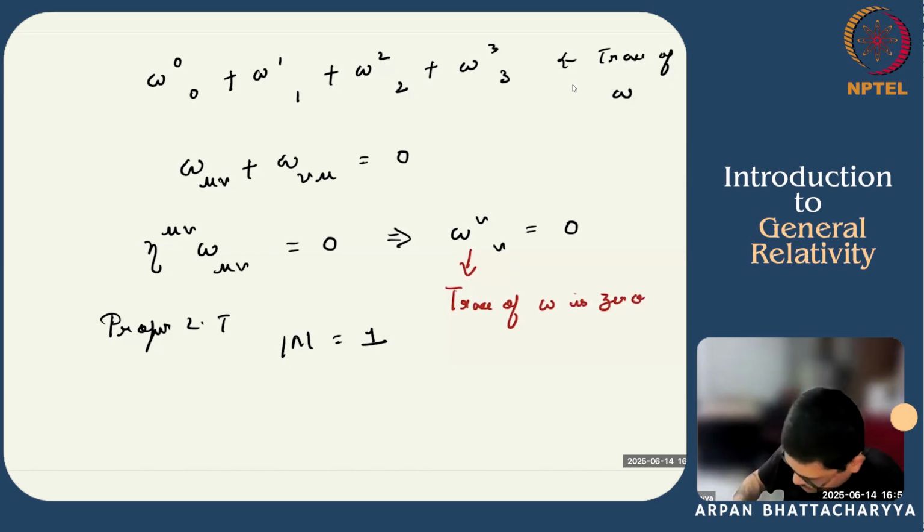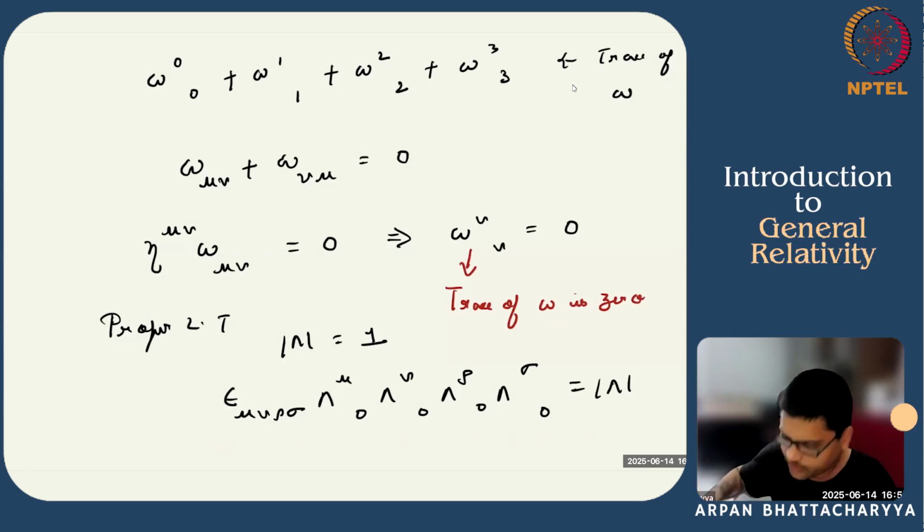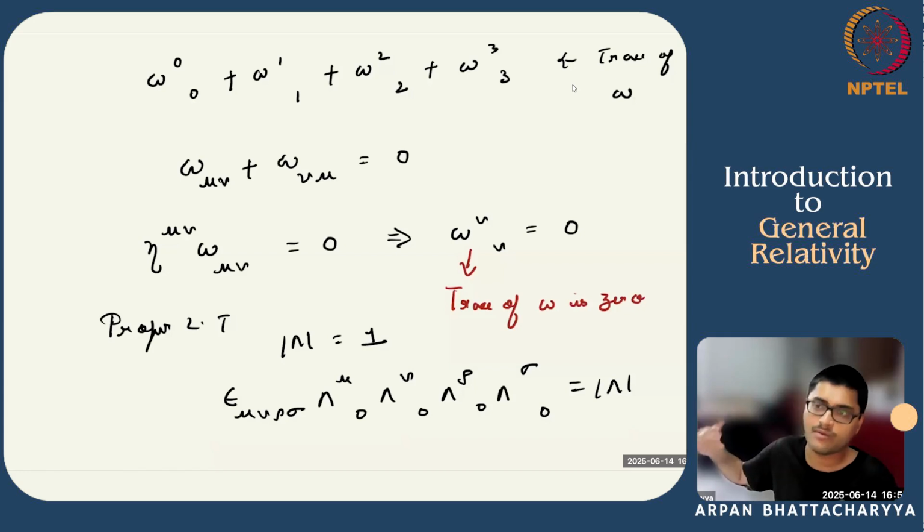So let's write it down. This is the definition of a determinant. This is just a generalization of what you have done for a Euclidean case. Now we are in Minkowski spacetime, so we have 4 indices, and the 0 component in the metric comes with the negative signature.